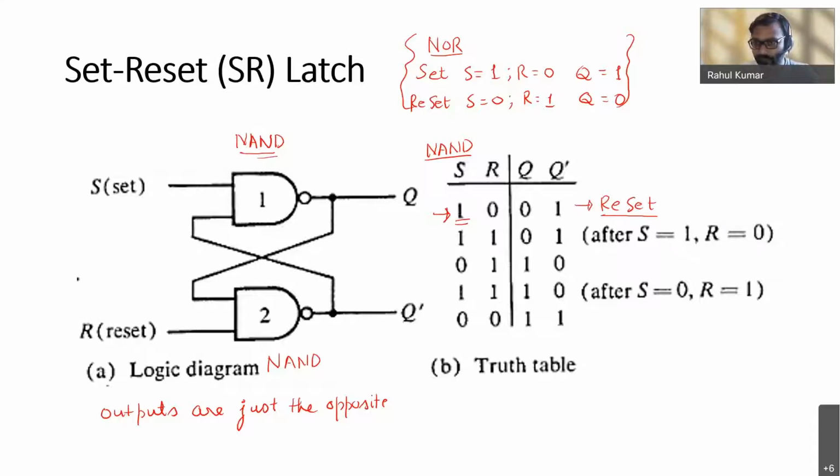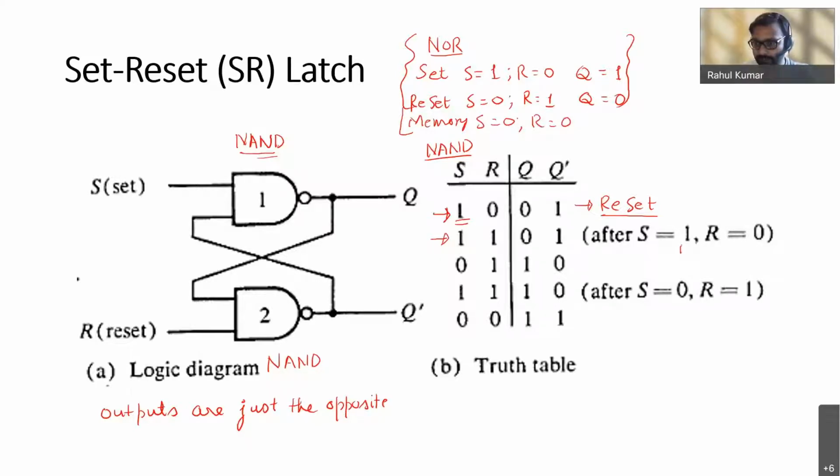Okay. Now in the case of NOR gate, my memory mode was S equal to 0 and R equal to 0. Right. But here in the case of NAND gate, my memory mode is S equals to 1, R equal to 1.